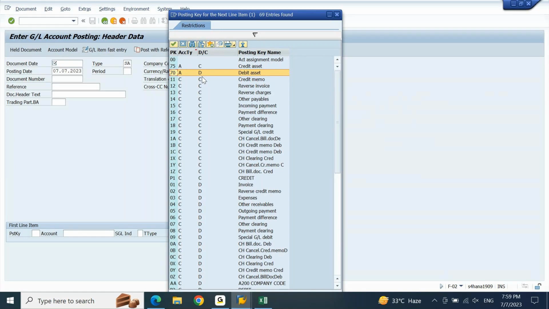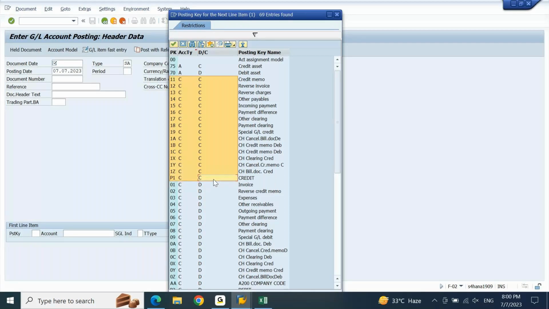Next one, this is your account type C. Account type C represents what? Customer. C represents customer. C followed by D/C. What is this C here? Credit. In short, these are all your customer credits. Till here you have customer credits.